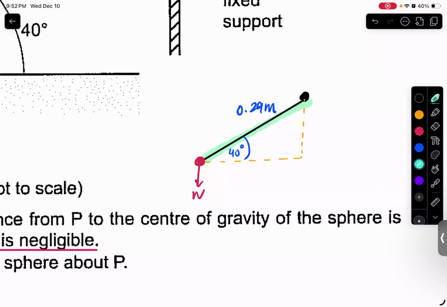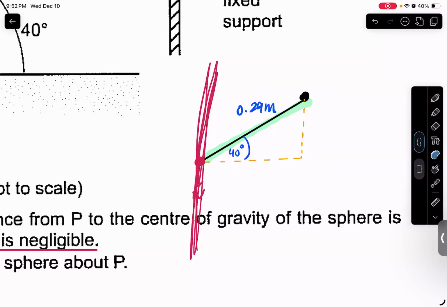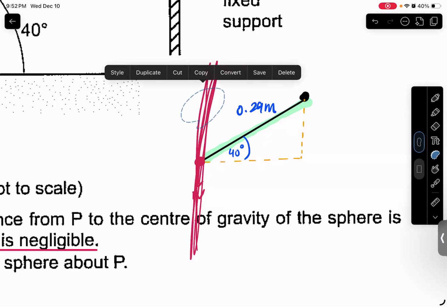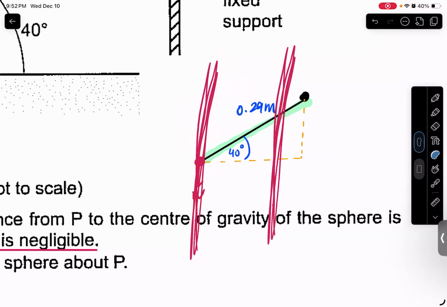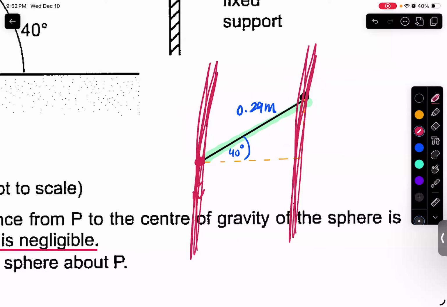If you're ever confused about the distance, always what you do is you extend the force in the exact direction where it is, and you extend the pivot exactly in the same direction. So that means you draw another exactly same line in the direction of the pivot. Then the distance that you have to calculate is the distance in between both of these lines.